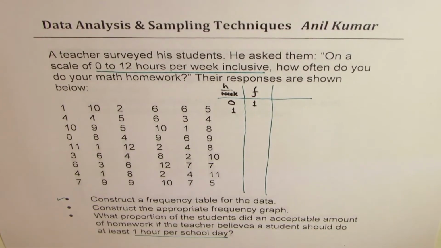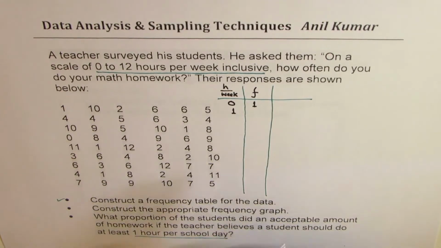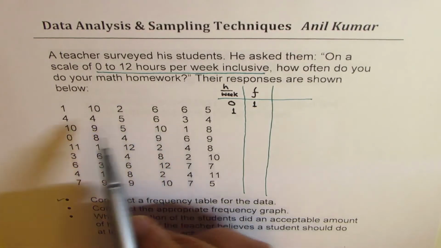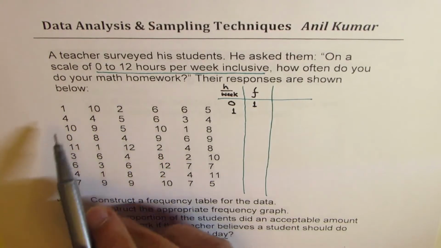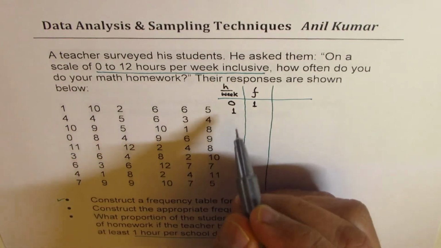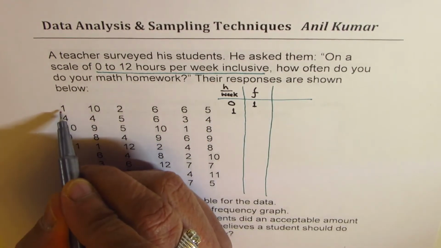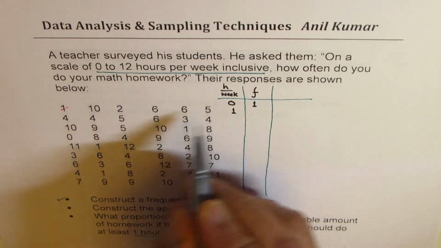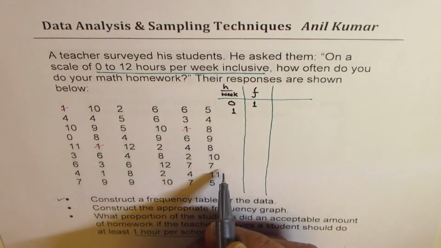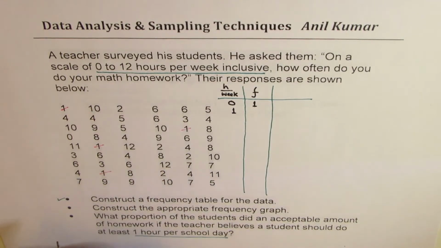In counting, let's count the number of hours here. To be sure that we have taken care of all the numbers, we'll strike out the numbers counted. So we'll first count the number of ones. Instead of making a tally chart, I'm just counting directly, right? So it is 1, and then we have 2, 3, and likewise, we got 4, correct?